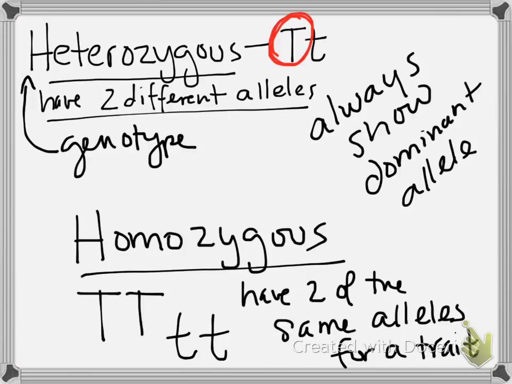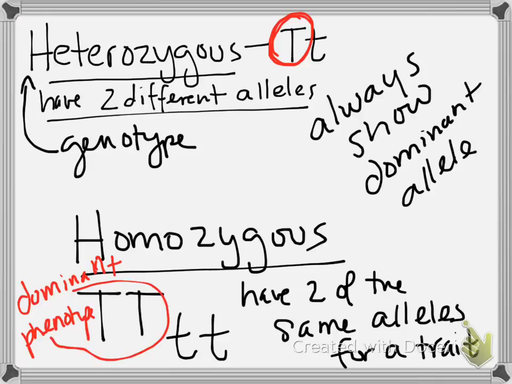And a homozygous individual's phenotype could be either the dominant phenotype, and this one is going to show what?